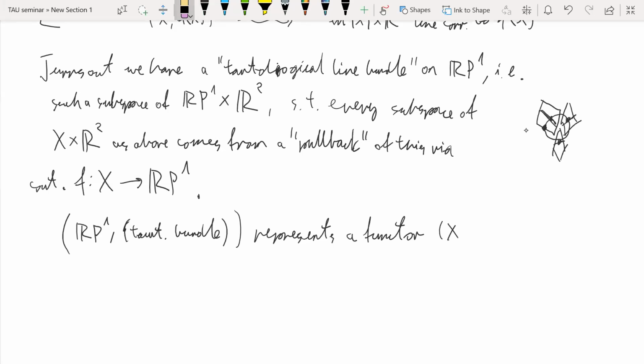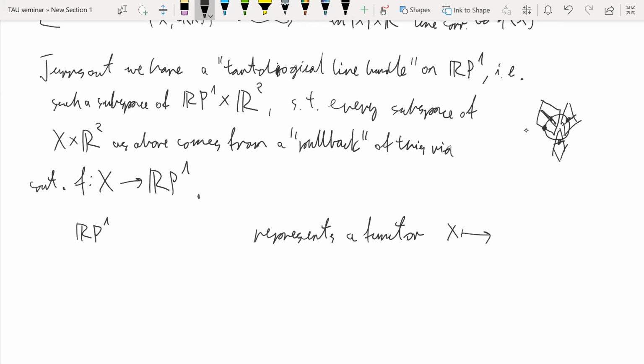Oh sorry, technically I have to say that this is abstract nonsense, but I want it to be correct.